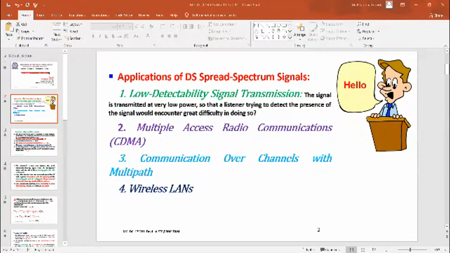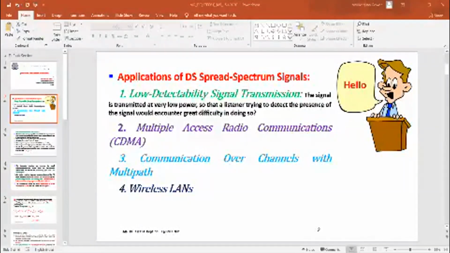The last one is wireless local area networks, that is, how we use these direct sequence spread spectrum signals in wireless local area networks. So let me take the first one.